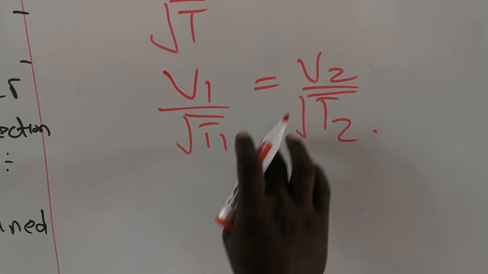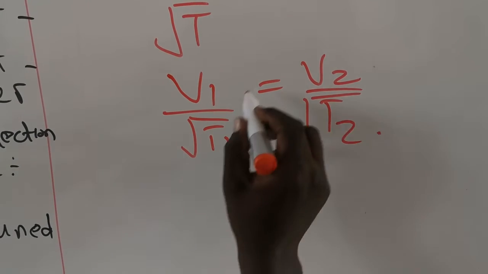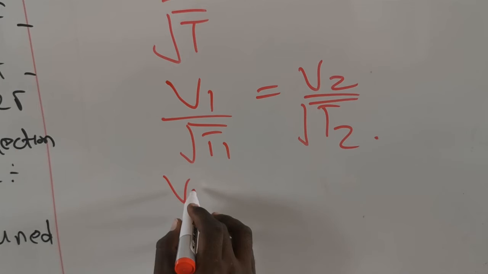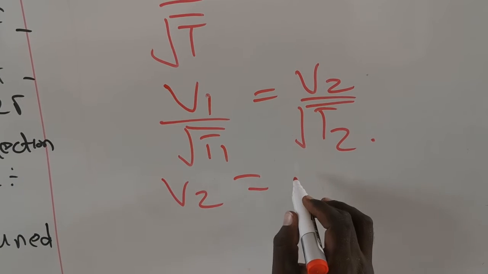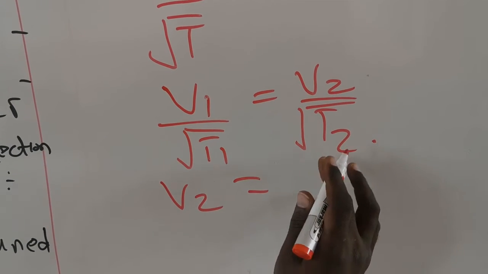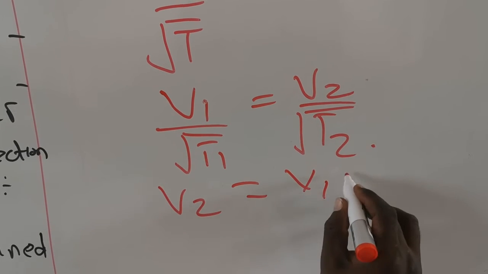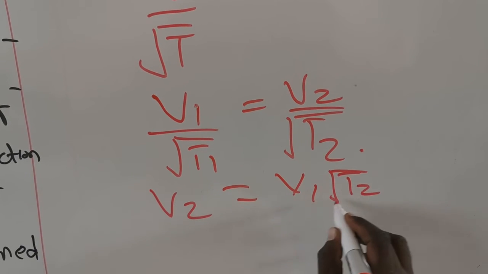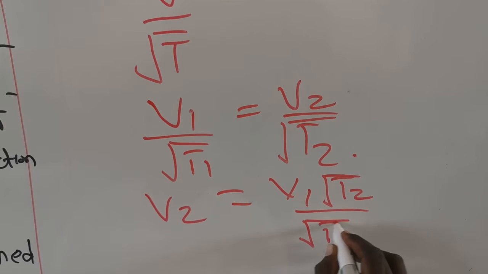So but we need here the velocity V2. So when we make subject, V2 is equal to V1 times under root of T2 divided by under root of T1.